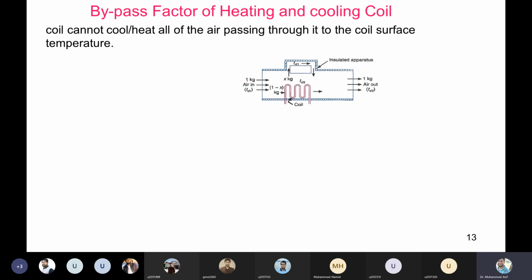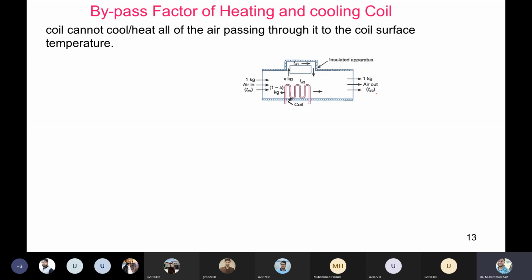The remaining air, 1 minus x, will be in contact with the coil, so this air has a temperature equal to the outlet air. As a result of the cooling or heating, its temperature will be changed. Let's call that T2, the outlet temperature.